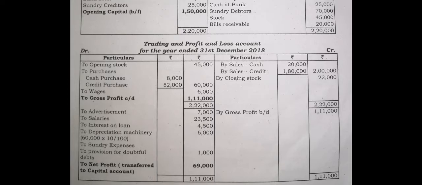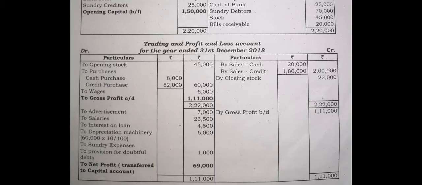Now if you see, on the credit side just two items in the trading account: 2 + 22, 2 lakh 22. And on the debit side there are three items: 45 + 60, 105 + 6, 111. Oh, that also totals 111. Therefore 2 lakh 22 minus 111 the same, the rest 1,11,000 is the gross profit.